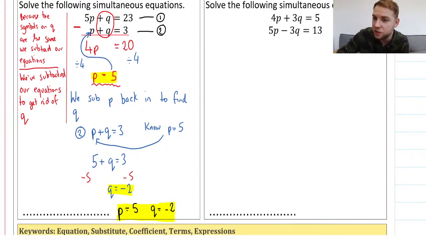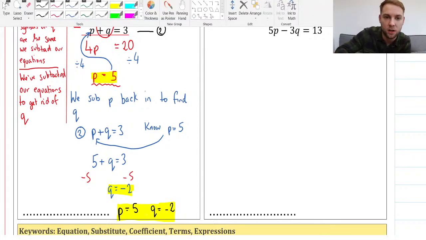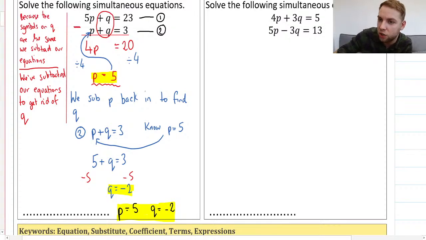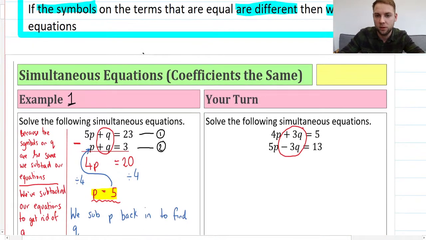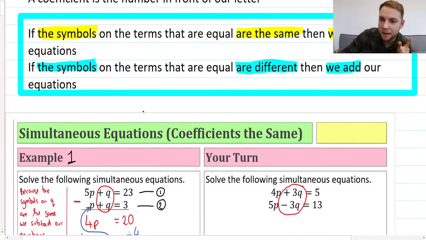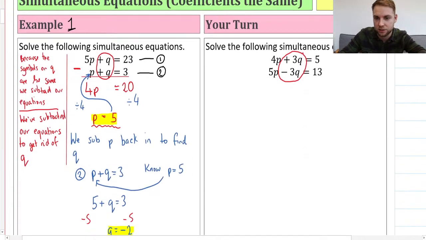Well, the coefficients on Q are both 3. Now, what are the symbols on those? If the symbols are different, then we add our equations.